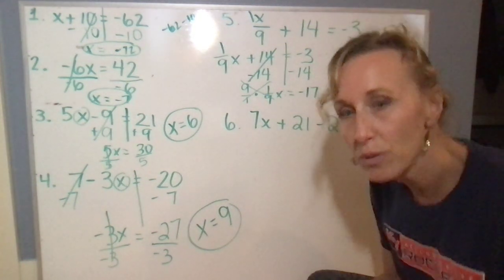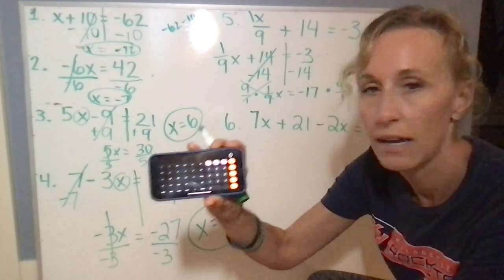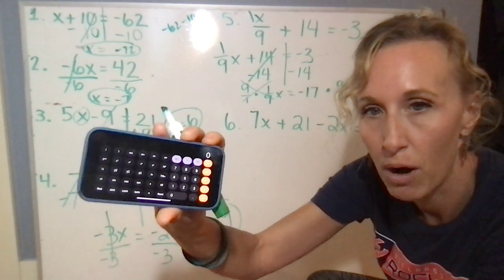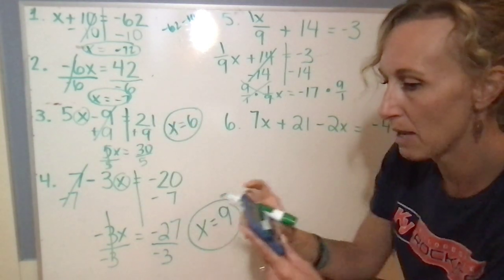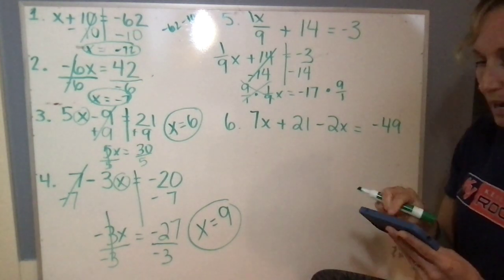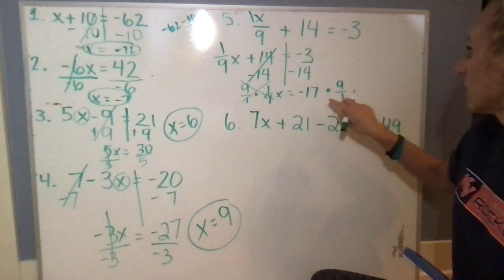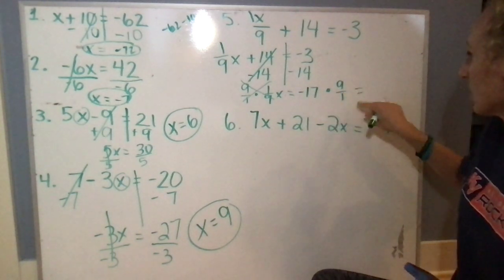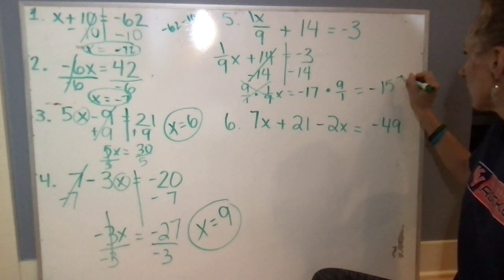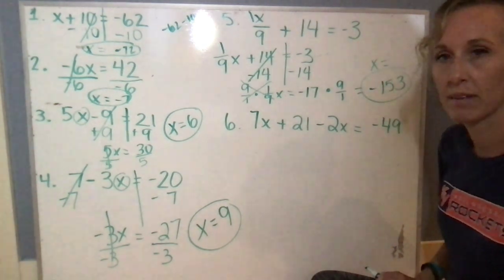Now, at school you have your blue calculators, but even on a phone, right? So if you type that in, you want to use parentheses around your fraction. So I would type in negative 17 times, and then I want to do 9 over 1 here, 9 divided by 1. And so negative 17 times 9 divided by 1, that should give me negative 153 as my answer here. X equals that. All good.